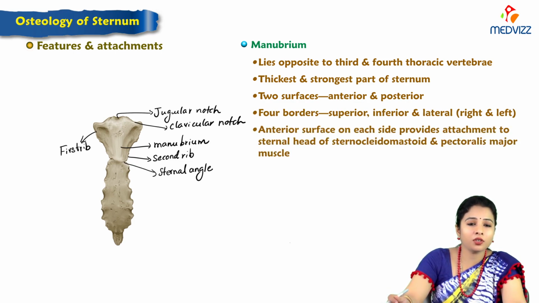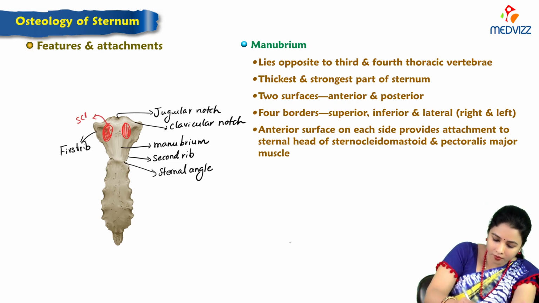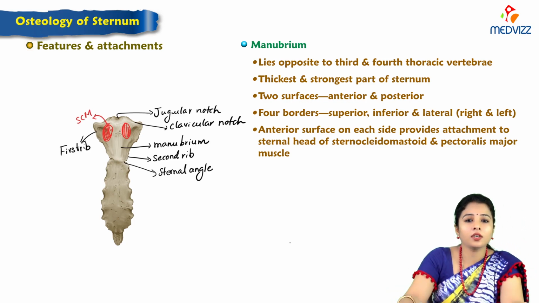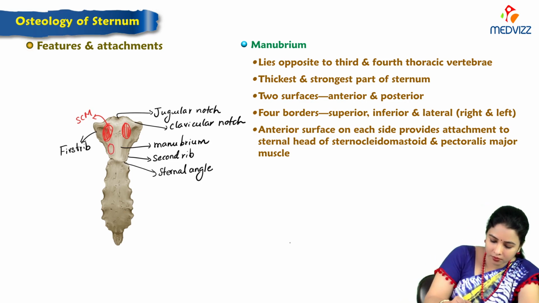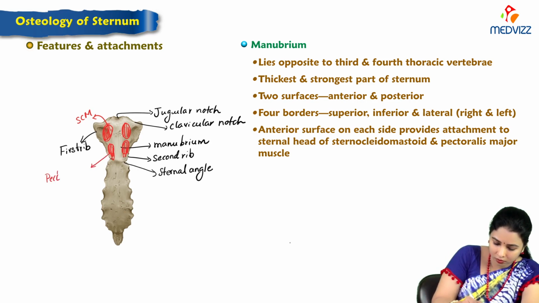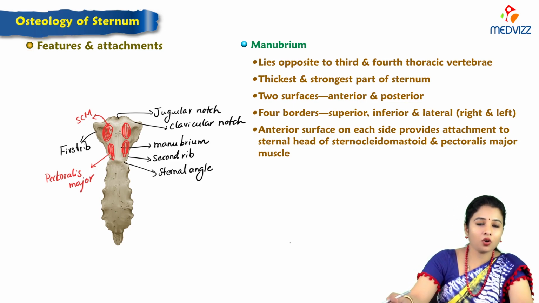The anterior surface on each side provides attachment to the sternal head of the sternocleidomastoid muscle, that is, it provides origin to this muscle. It also partly gives origin to the pectoralis major muscle. So these two muscles get origin from the anterior surface of the manubrium.